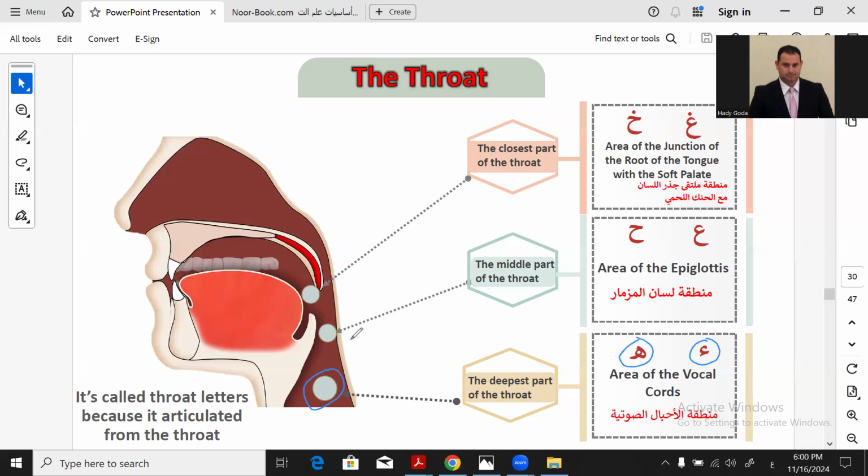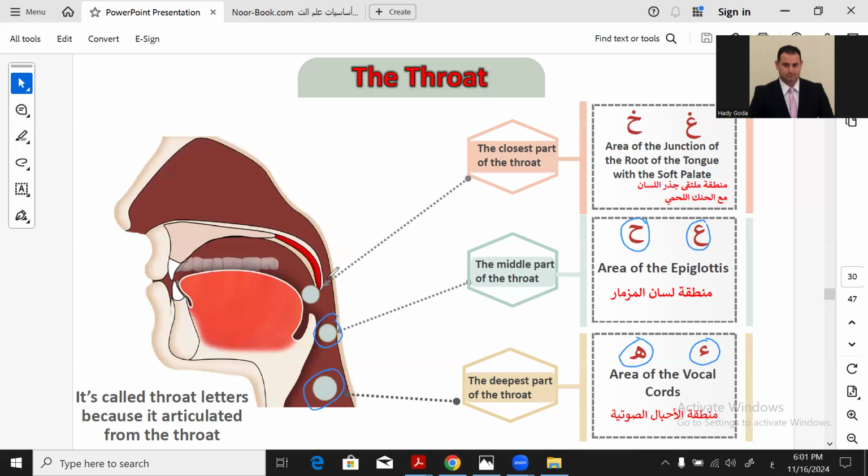The second one is the middle part of the throat, which is called the area of the epiglottis. It includes letter Ayn and letter Ha.